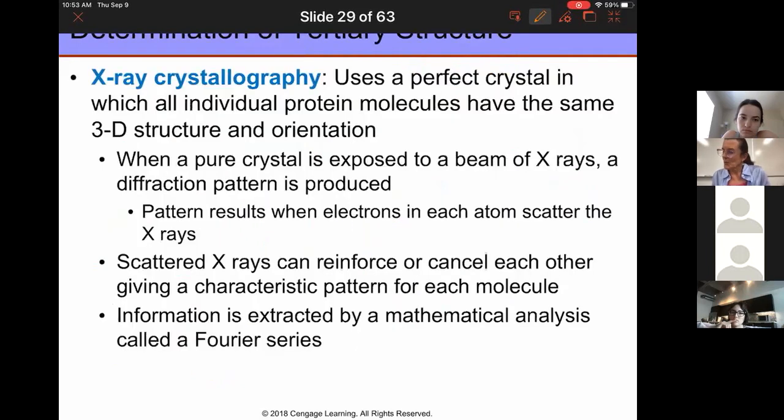Okay, got a couple more minutes. So X-ray crystallography is one method for determining protein structure. Basically what you have to do is purify the protein, get it super, super pure, because only pure things make crystals. And then you have to find conditions where the protein will form crystals. And that in itself is like a field.